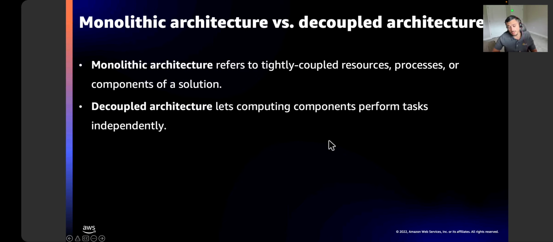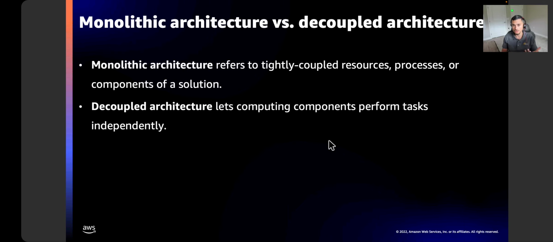The second thing we want to talk about is describing the differences between a monolithic architecture versus a decoupled one. A monolith is where we have all our application components running as a single application process. We have maybe a single application server on top of which all our layers, functionalities and components run.